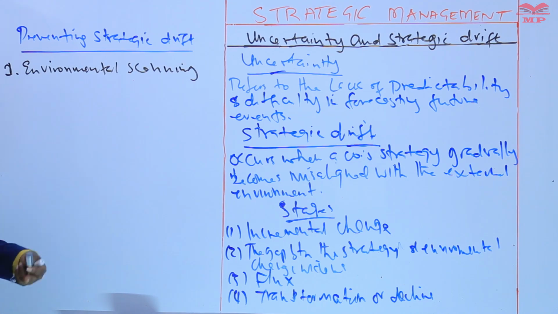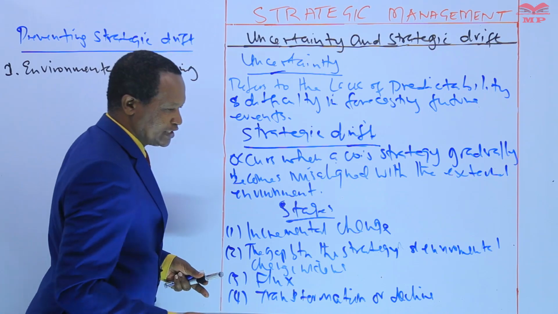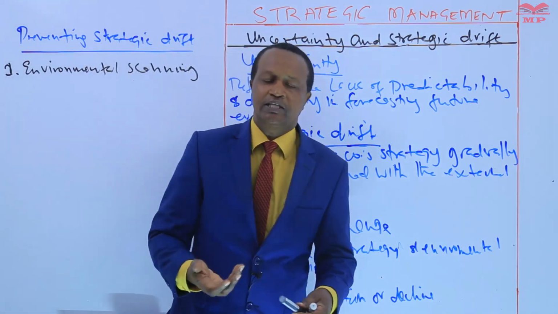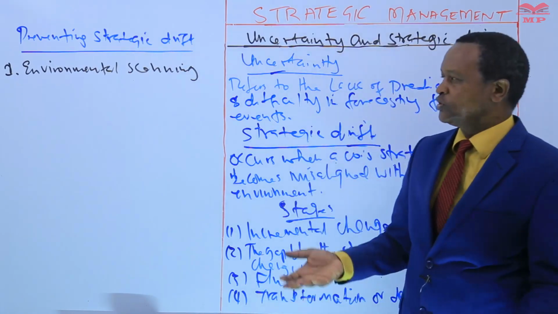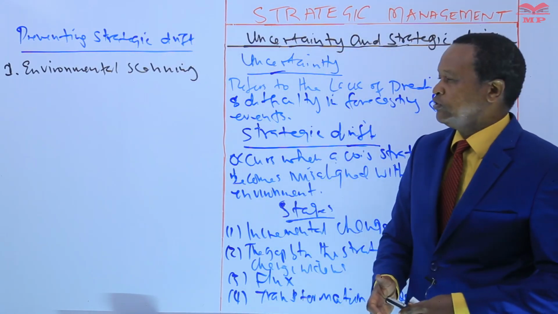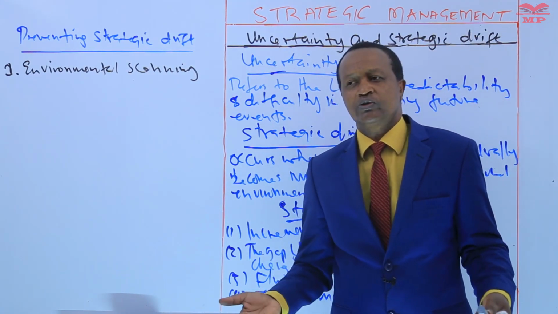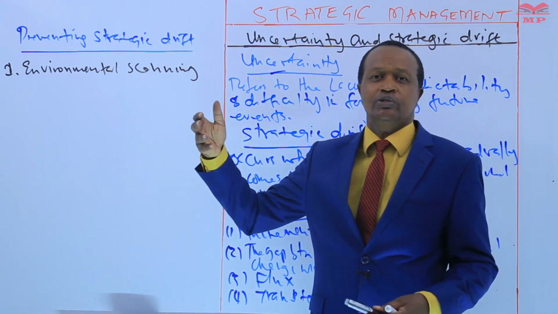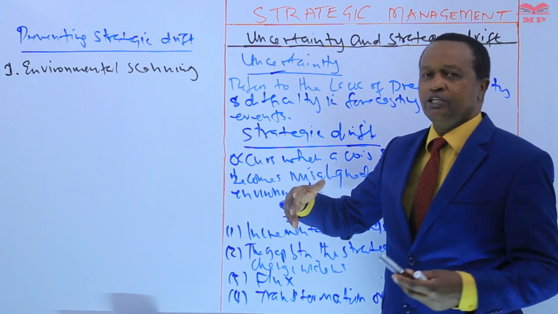Regularly scan the external environment for emerging trends, threats, and opportunities. There are companies that don't pay attention to the external environment. They may not even know when changes are happening. They don't know when the laws are being changed. They are not aware of the preferences in customer needs. Are not aware of what competitors are doing. They are not aware of changes in technology.